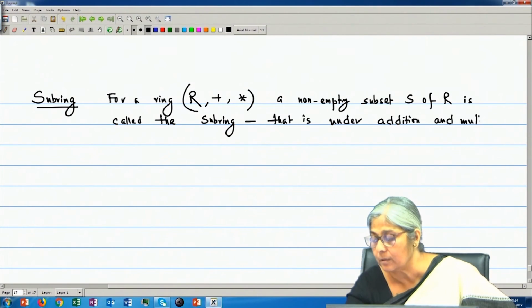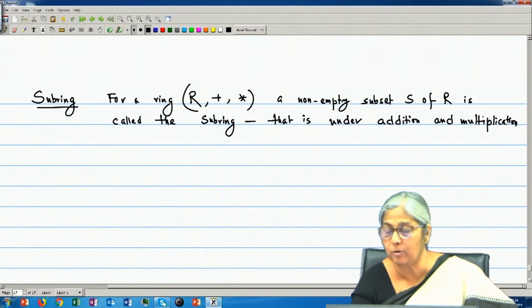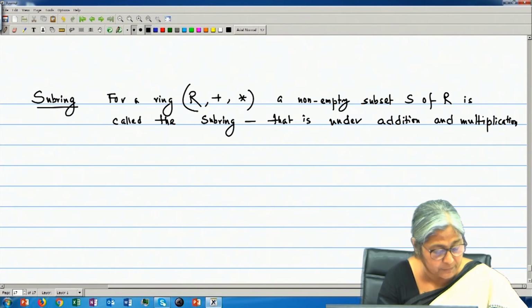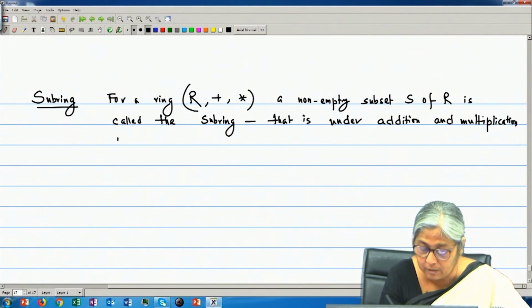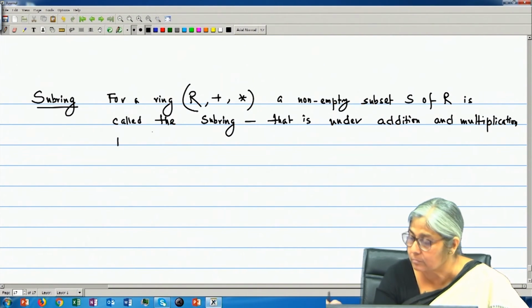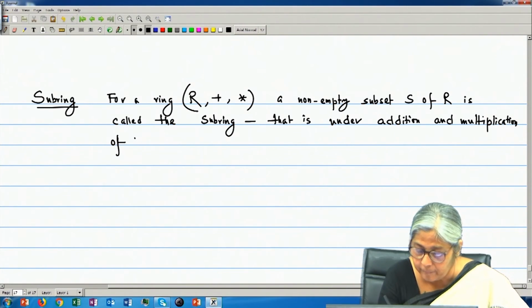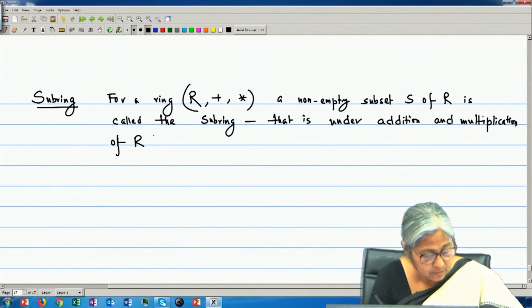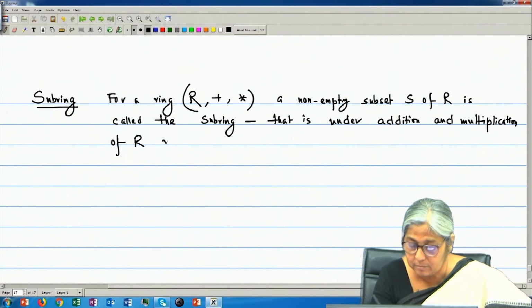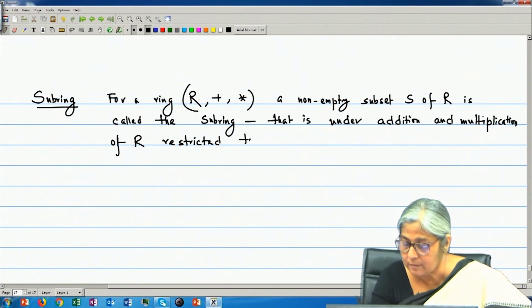That means here the plus and star, as usual, may or may not be the ordinary addition or multiplication. The addition and multiplication of R restricted to S is a ring.